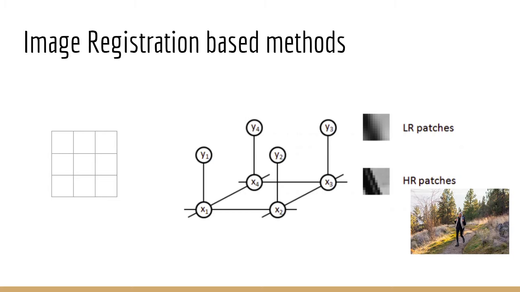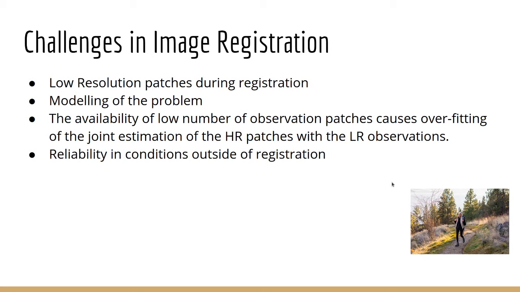Next is what happens when you have low resolution patches during registration. During registration, you need the low resolution and high resolution to have a certain relationship in terms of scaling. If that scaling factor is too large, you won't have a proper registration to replace low resolution patches with high resolution patches.